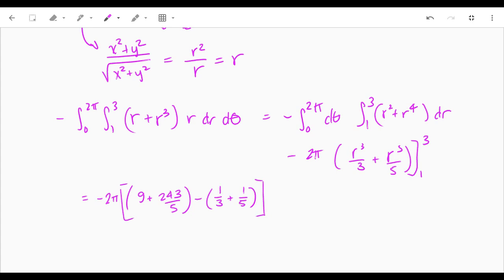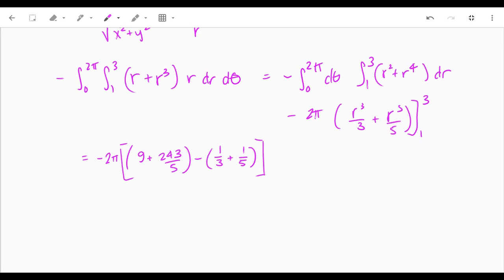I think I did that okay. All right. So let's see how quickly I can think today. 9 minus 1/3 plus 242 over 5. Okay, let's see here.